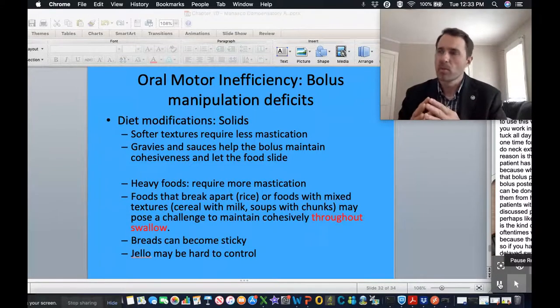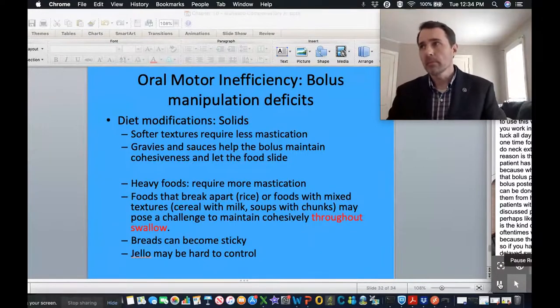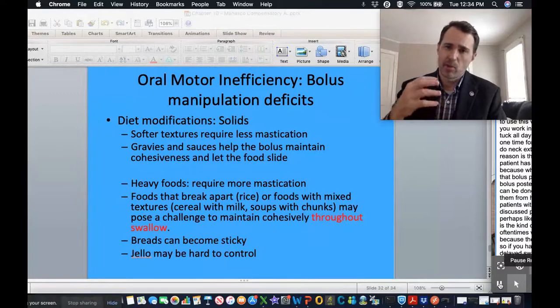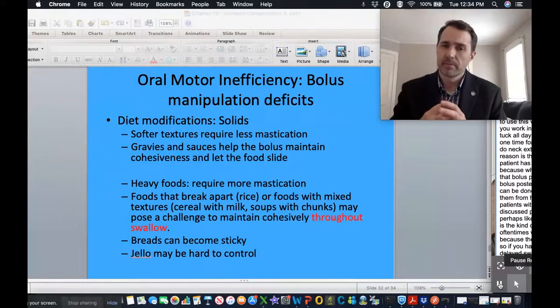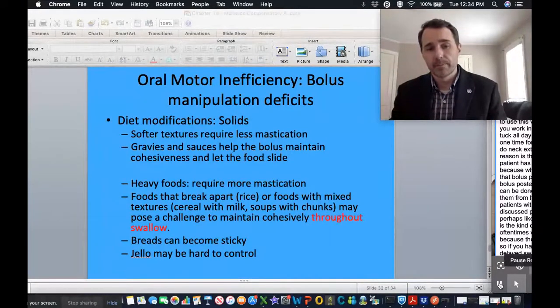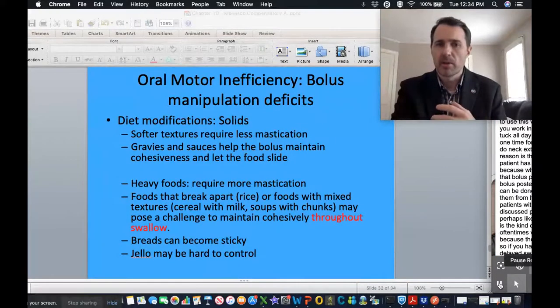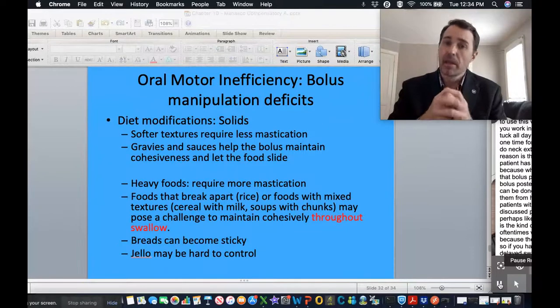Also, patients with decreased motor ability in the oral cavity are going to struggle to keep dry, crumbly boluses together. So things like rice or cereal are going to be very difficult for them to keep in a cohesive bolus to move posteriorly for an effective swallow. In this case, the wetter, softer boluses are going to stick together better in the oral cavity.